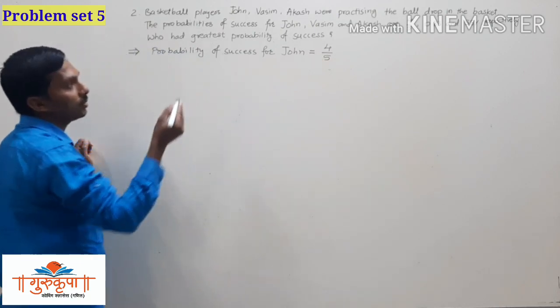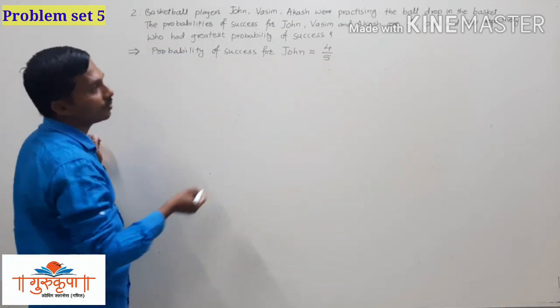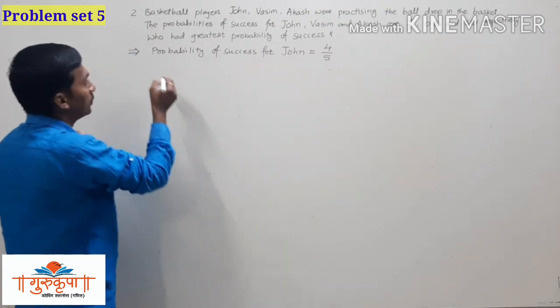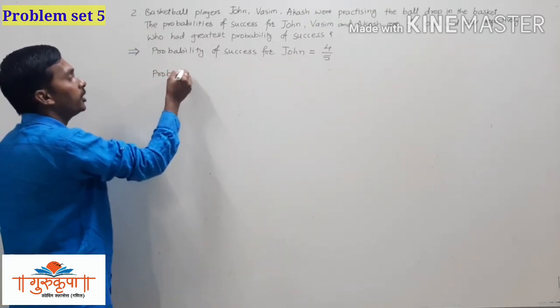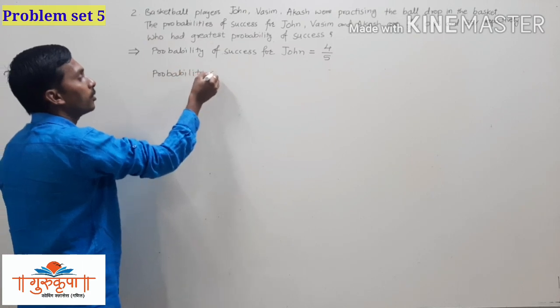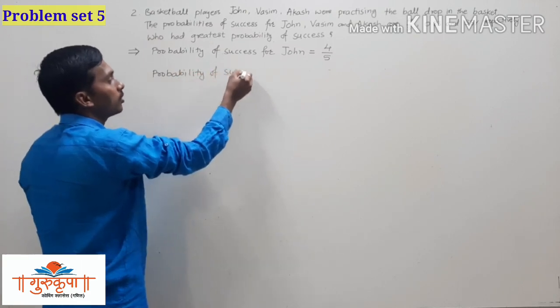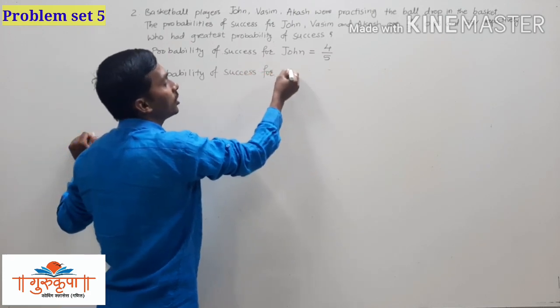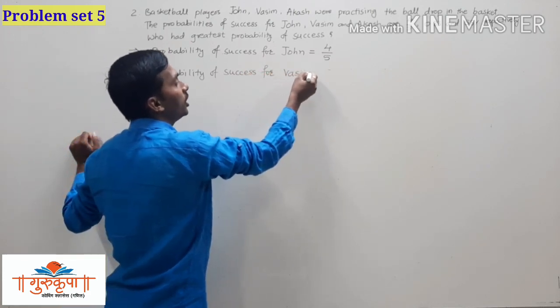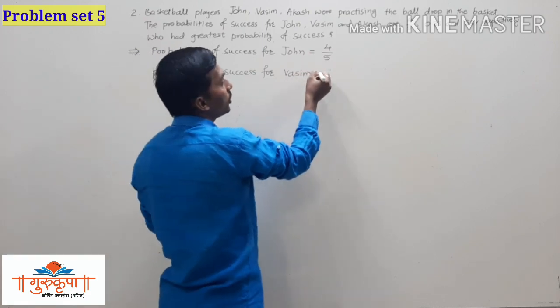Now the probability of success for Wasim is given as 0.83. The sequence of the names and the numbers is very important.